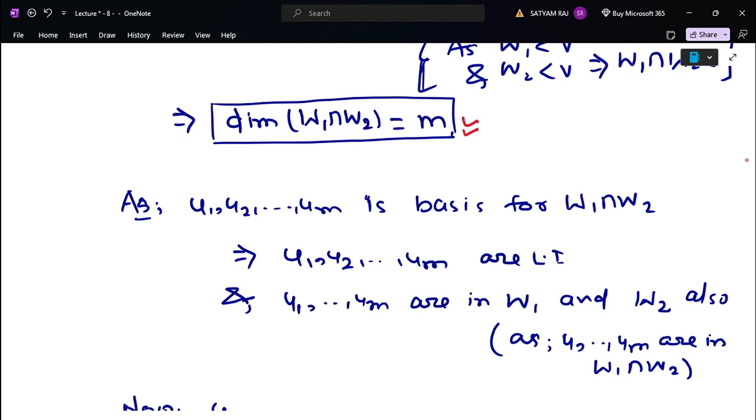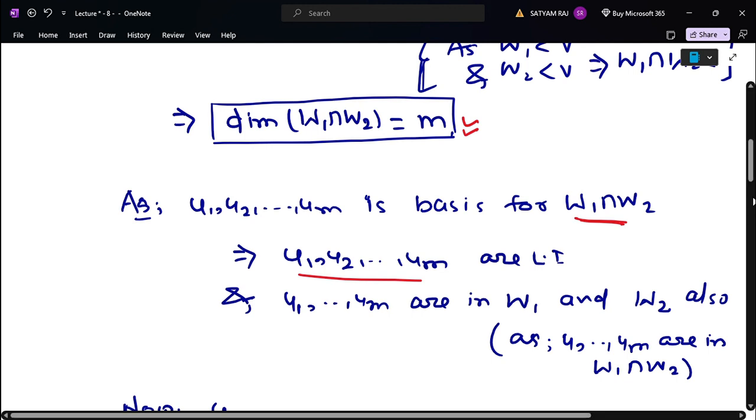Now as u1, u2, ..., um is a basis for W1 intersection W2, it means u1, u2, ..., um is linearly independent and it is a spanning set for W1 intersection W2.